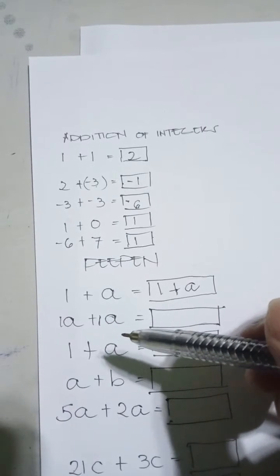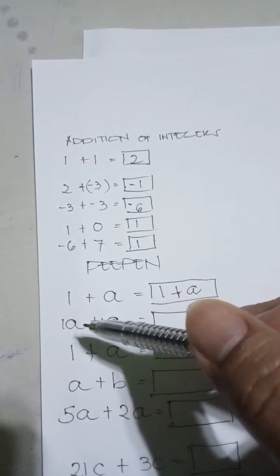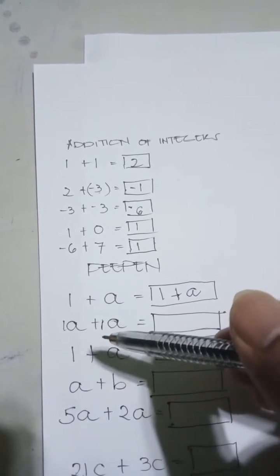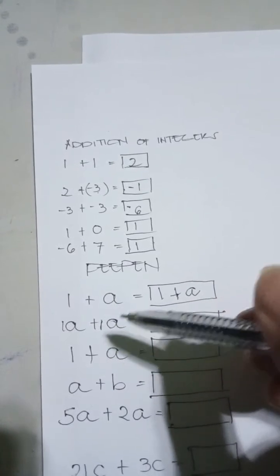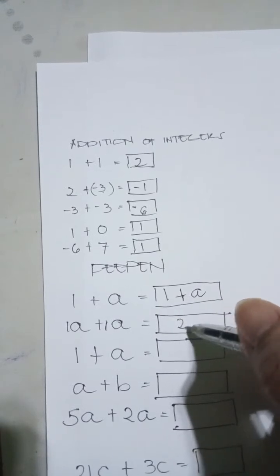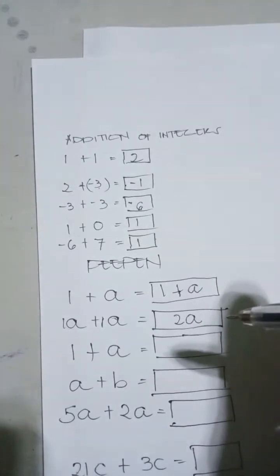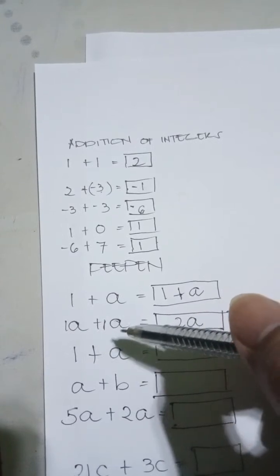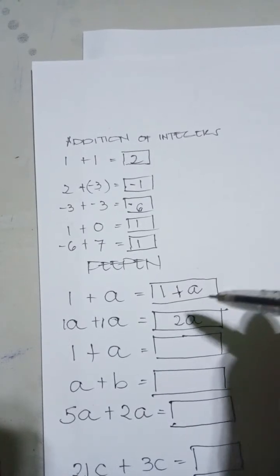We understood that every variable has a so-called one beside it. So 1a plus 1a, the answer is 2a. It's like one flower plus another flower, two flowers. So that is an example.